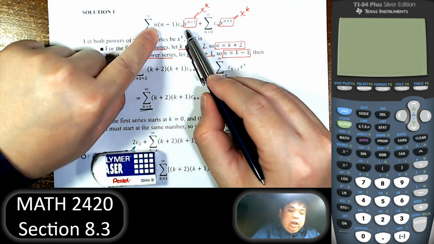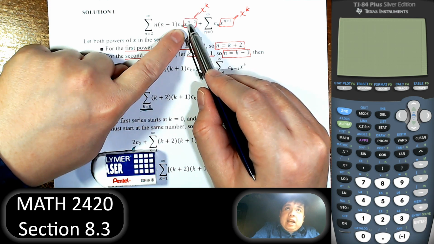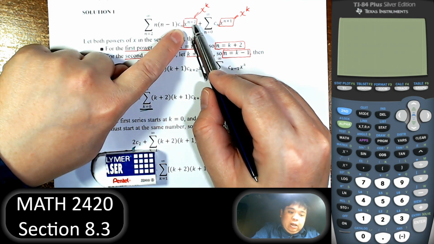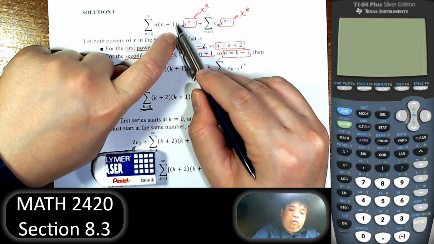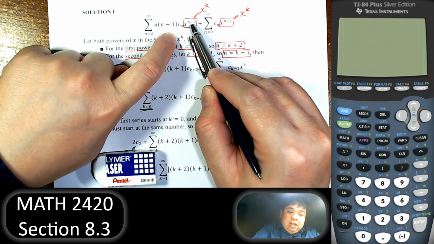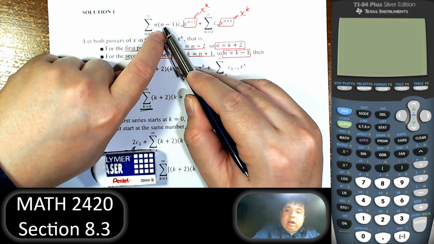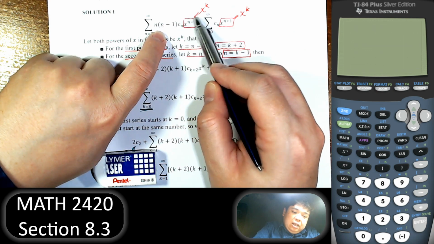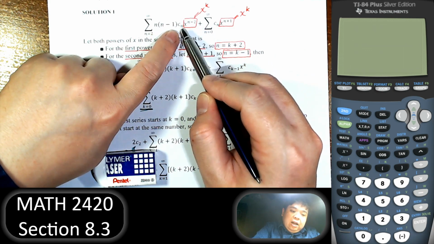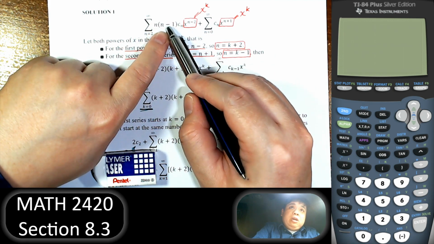Note that in here we have the power of x is n minus 2. This index is c of n, therefore the coefficient here is 2 more than that. And we have 2 more than that and 1 more than that. Right? So if this is k, this will be k plus 2, this will be k plus 2, this will be k plus 1.